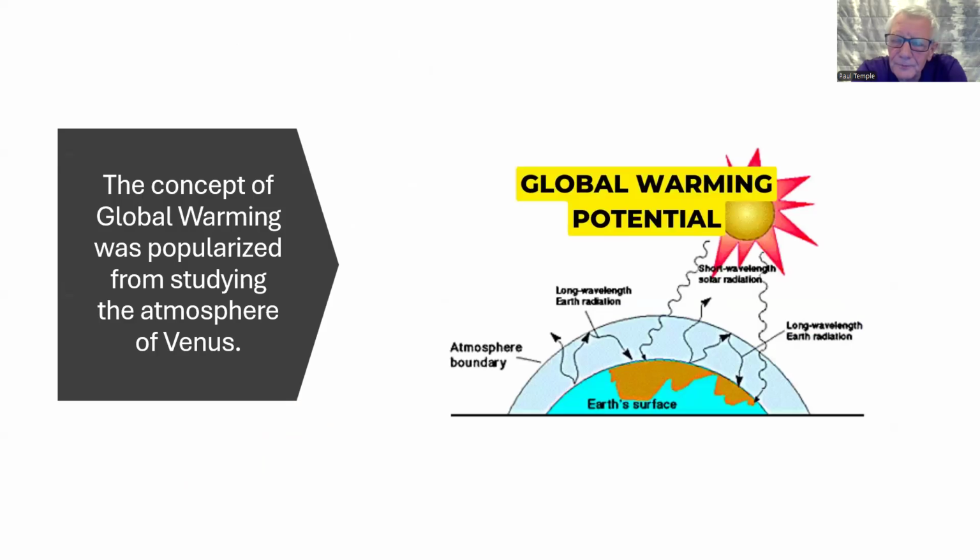So this is the Venera 8, and then several things since then is showing the atmosphere, or at least the similarities of the atmosphere with the Earth. So global warming was popularized by Carl Sagan, who was a well-known astronomer in the late 60s, 70s, and 80s.